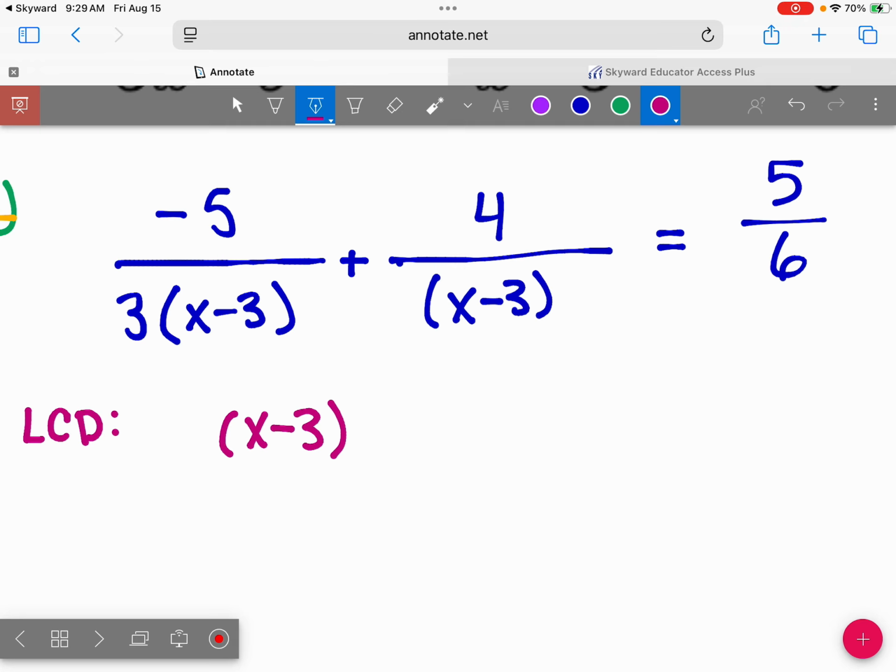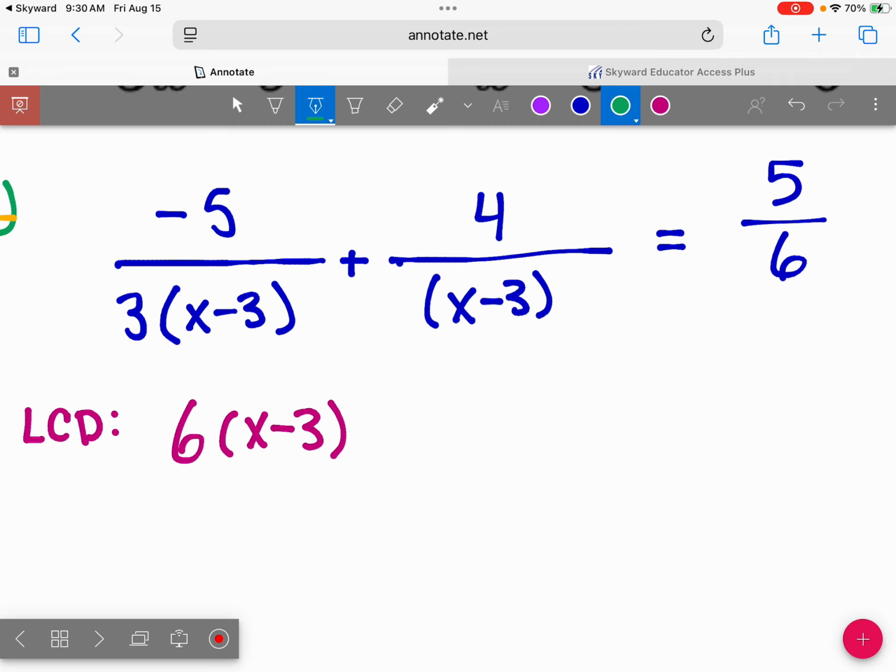It is not the least, though. It's 6, because the 3 is a part of the 6. 6 is 3 times 2, right? So the least common denominator between all three of these fractions would be 6 times x minus 3. You could get them all to a common denominator, add the 2 on the left together, and then do exactly like we did on the previous one.